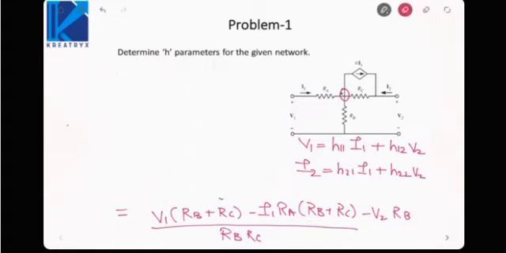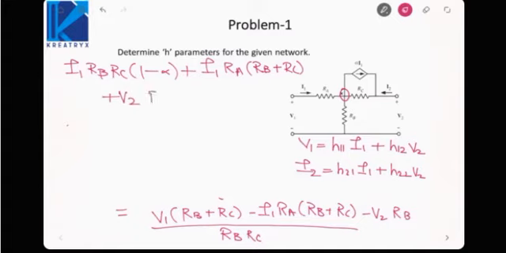What we will get? I1 Rb Rc (1 minus alpha) plus I1 Ra (Rb plus Rc) plus V2 Rb is equal to V1 (Rb plus Rc).